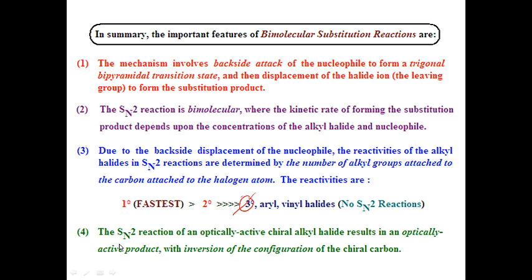And then because of the backside displacement, an SN2 reaction of an optically active chiral halide does result in an optically active product, and the configuration of the chiral carbon is inverted, going from the halide to the final product. So if you started with R, you'll end with S, or vice versa.